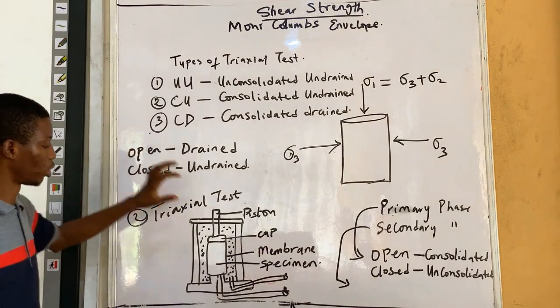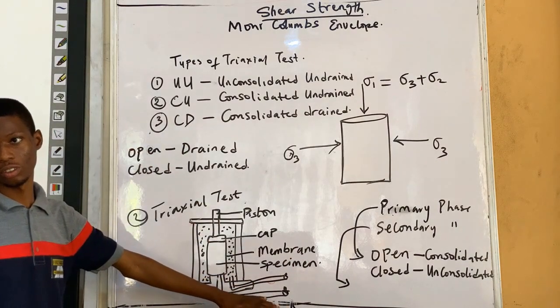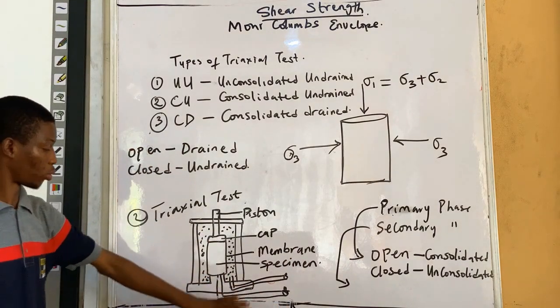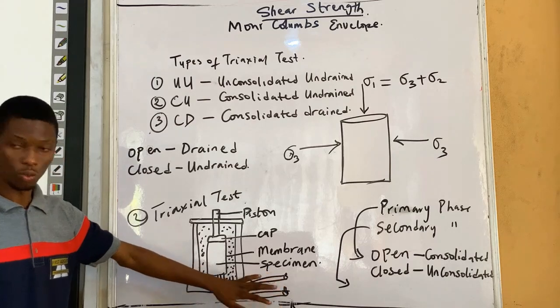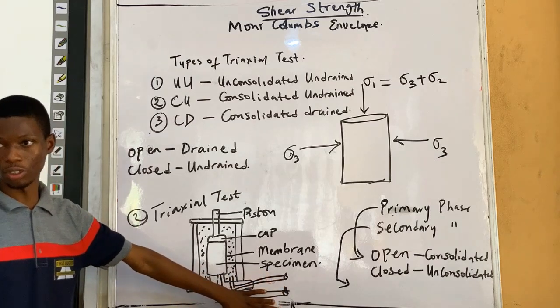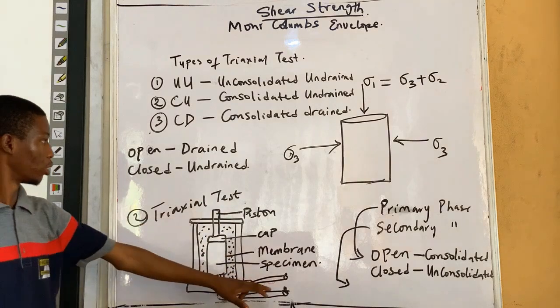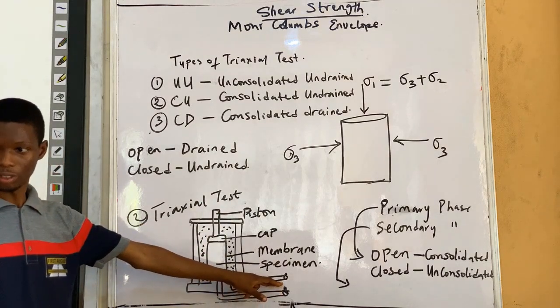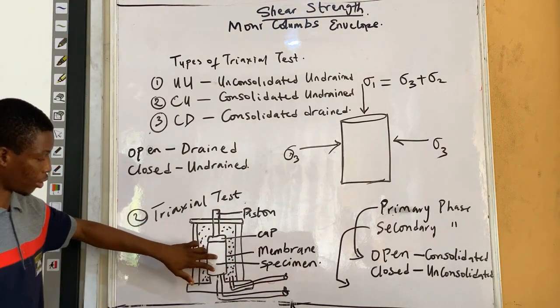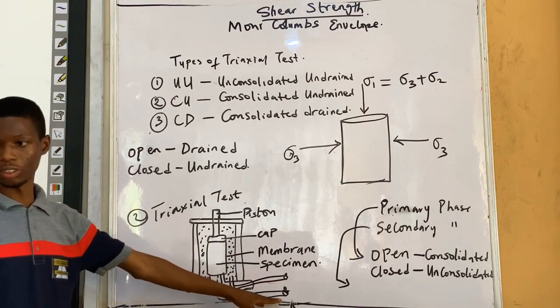If it is closed, it is undrained. When the loading starts, if this one, which is from the material itself, from the cell membrane, is open, it is drained. If it is closed, it is undrained. So you have two valves: the one directly with the cell pressure reference is the primary, and the one with the material is the secondary.